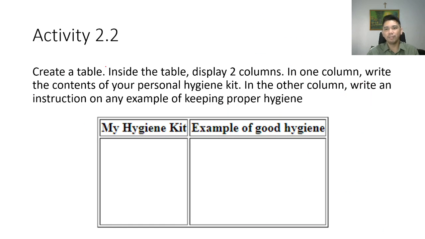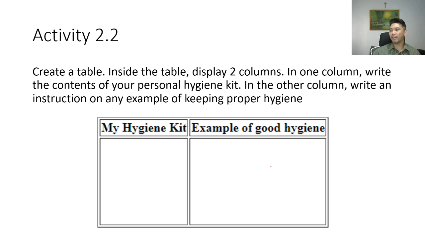So for your activity, activity 2.2, I want you to create a table. Now inside the table, I want you to display two columns. The first column, you write the contents of your personal hygiene kit in the form of a list.